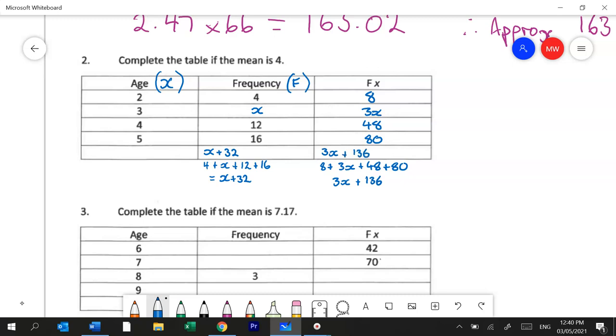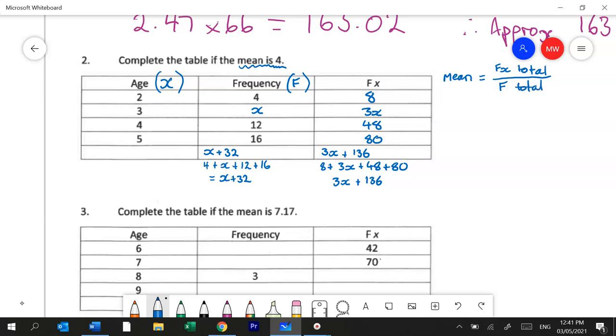And so now I've filled the table out, and all I really need to do is work out what X is. And there's a bit of a hint for me up here. They've given me the mean or the average, and I know that the mean is going to be the FX total divided by the frequency total.